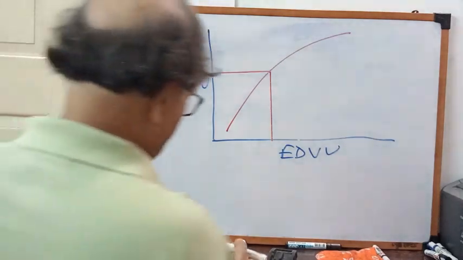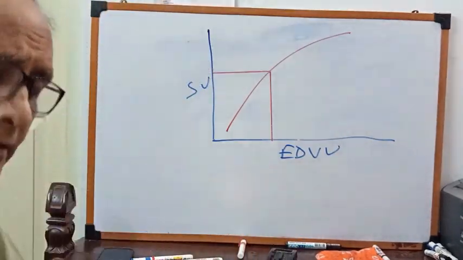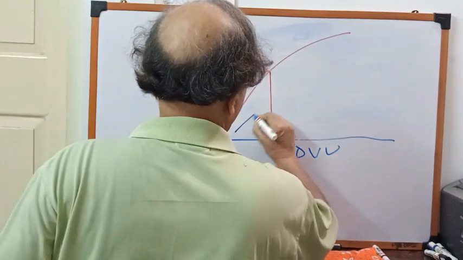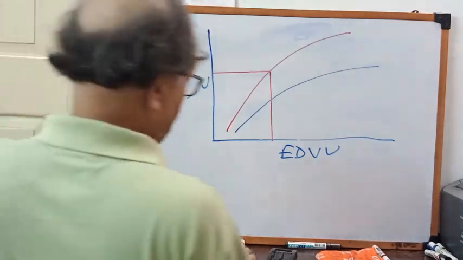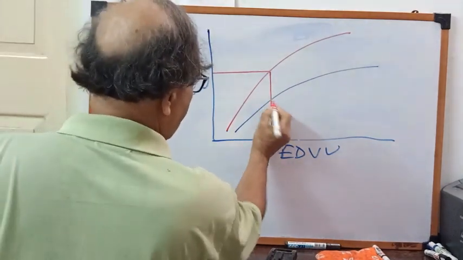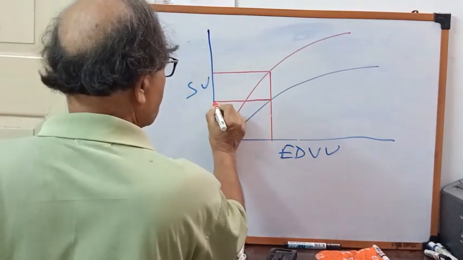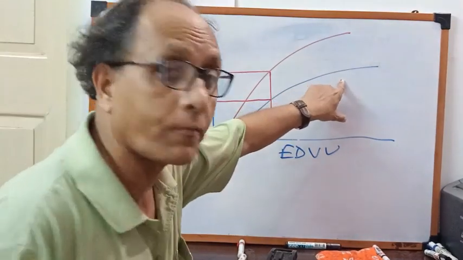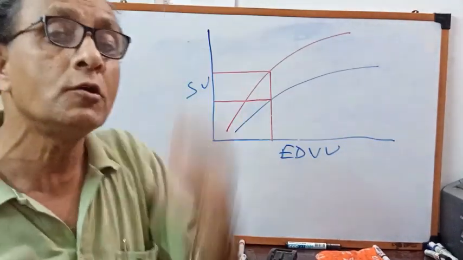Now, suppose due to negative inotropism, with the same EDVV, stroke volume will fall. So with negative inotropism, what will happen? Ejection fraction will be reduced.